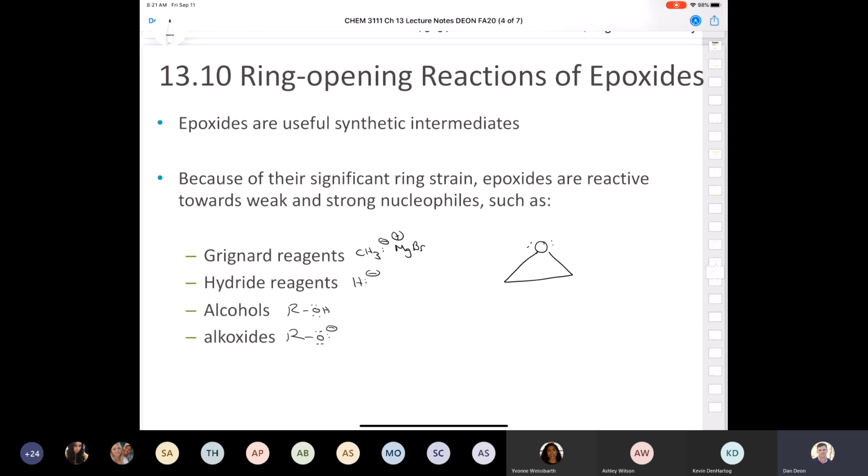If the epoxide is pointing up like this, then you have the methyl group pointing down like this. I'll just put methyl behind the page like this. And you have a hydrogen pointing down like this, right? Remember, the nucleophile is going to attack from the back side. So your nucleophile is going to attack from the bottom like that, right?